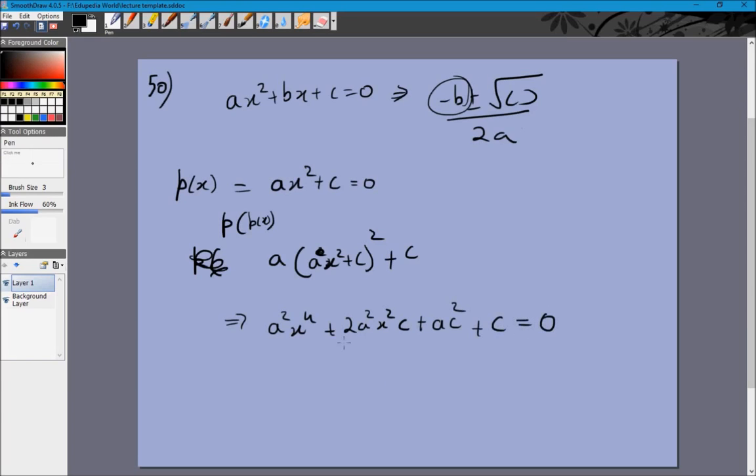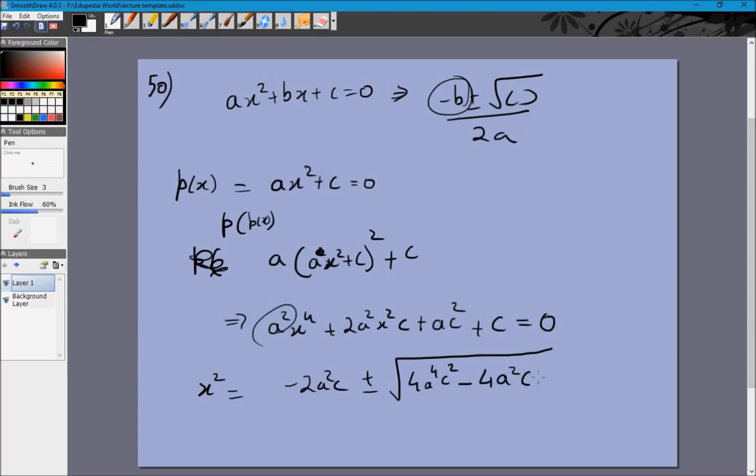Right. Now we can just straight away write the solution to this question. X squared will be minus 2a squared c plus minus root of the square of 2a squared c, 4a to the power 4 c squared minus 4 times ac. That is a square into this term.